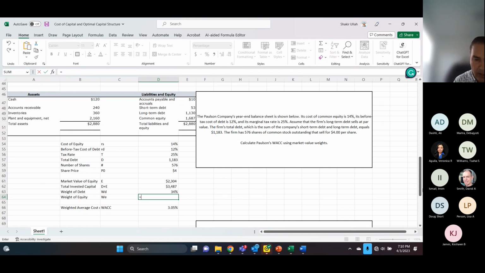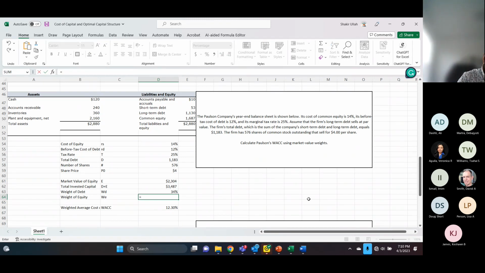The weight of equity would be equal to the equity divided by the sum of debt and equity, the total. So that gives us 66%. You can also calculate this because the sum of the two must be 100%.